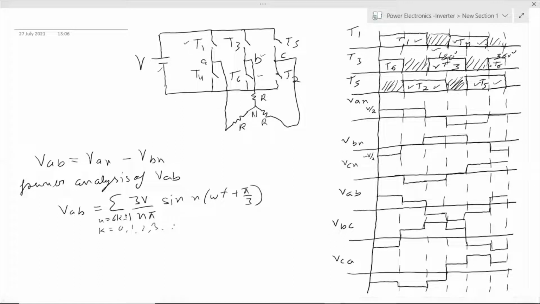Similarly, we can write for VBC and VCA. It will just lag by 120 degrees with this VAB.